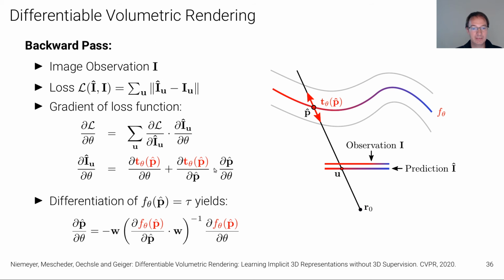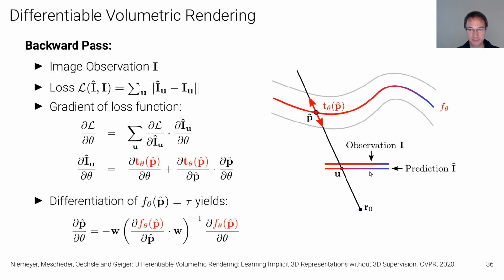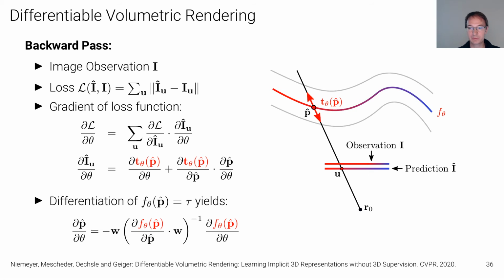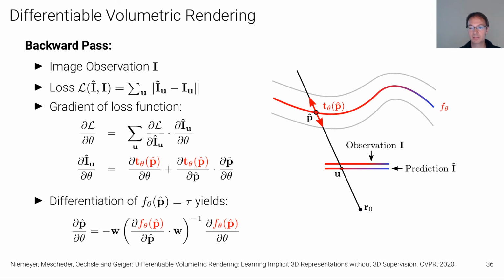So what I've highlighted in red here are all the terms that depend on the parameters theta. So we have the texture network here and we have the occupancy network here. And so what we want to do now is update these parameters such that the reconstruction loss here decreases. So maybe like this. So we have the constellation before, where both the occupancy field and the texture field are in this state, and now both of them change.